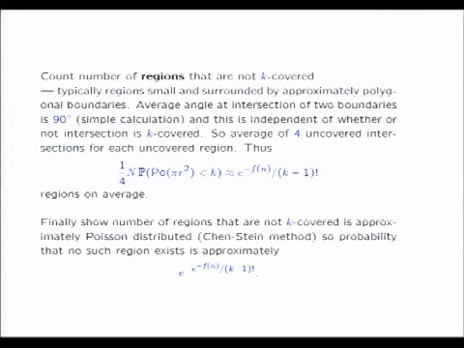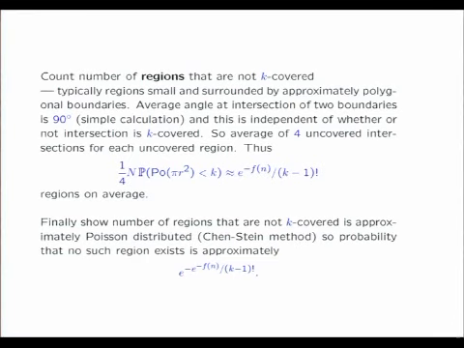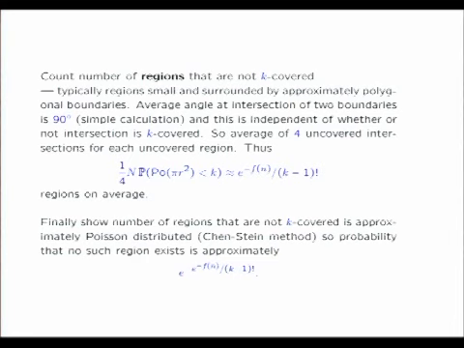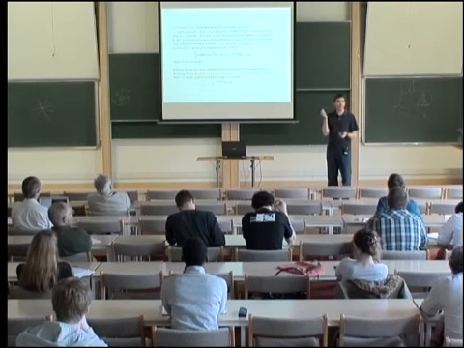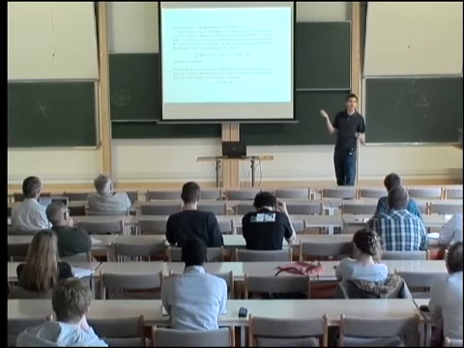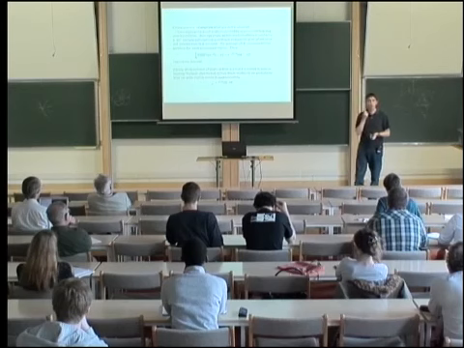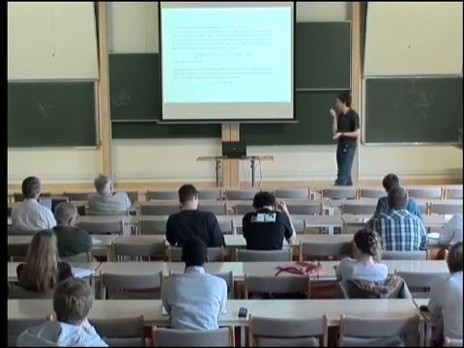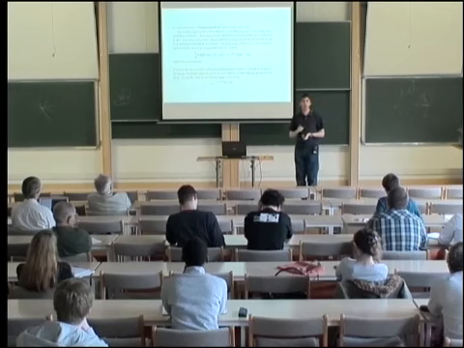So when something is not k-covered, that's actually very rare, and it usually occurs only in very small regions. The regions not adequately covered are very small regions whose boundaries look like boundaries of circles, but those circles are much bigger. So they look like small polygons, because on this scale the sides are almost straight.